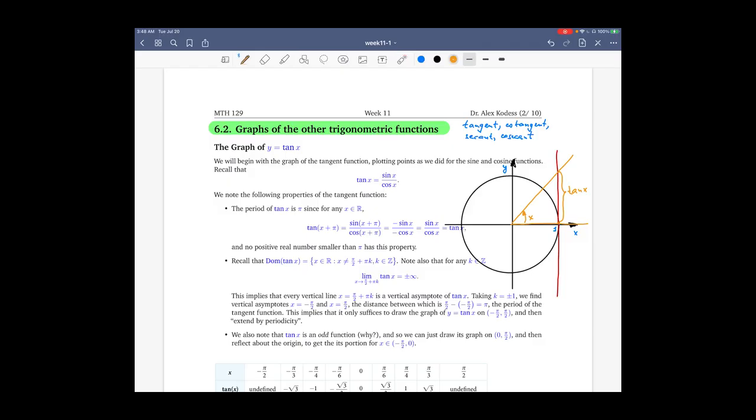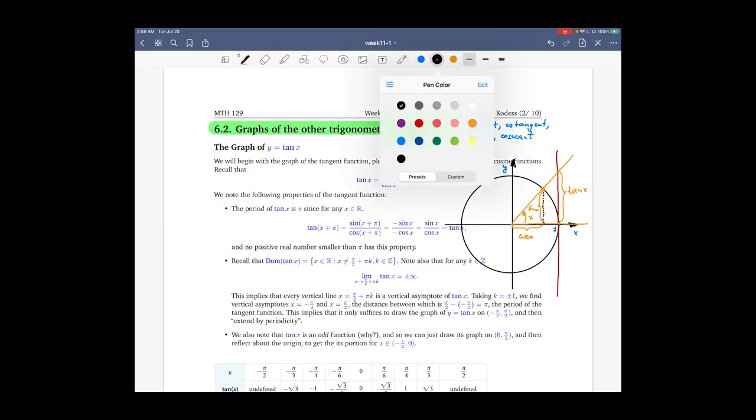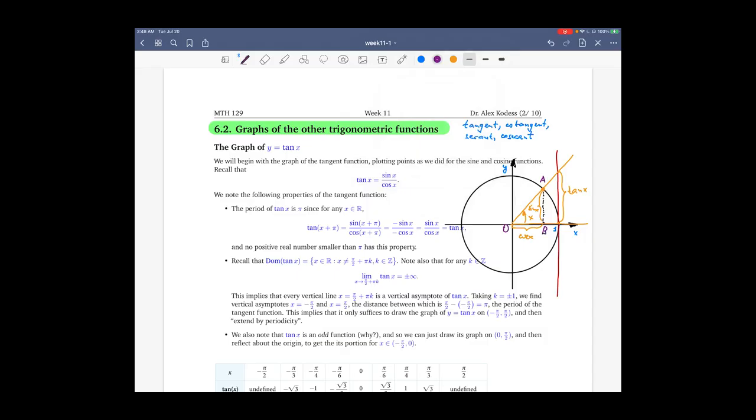Well, the coordinates of this point are cosine x and sine x, which is why in this right triangle, this distance is cosine x, and this distance is sine x. Because these two right triangles, let's give them names, OAB and OCD, are similar.